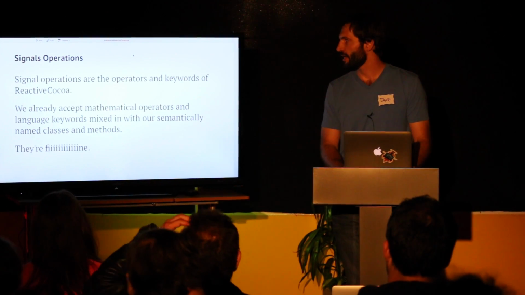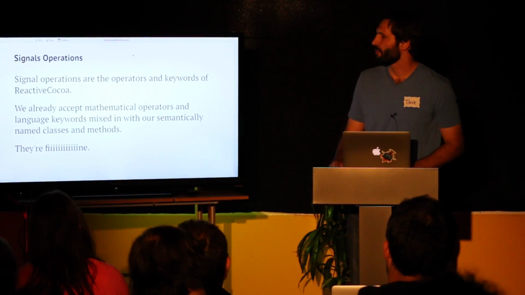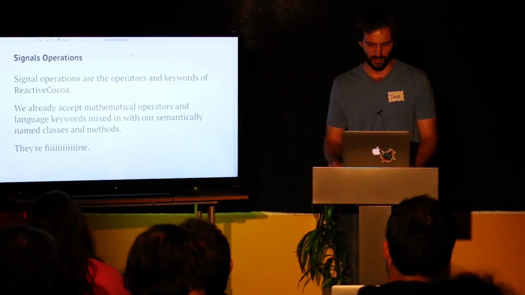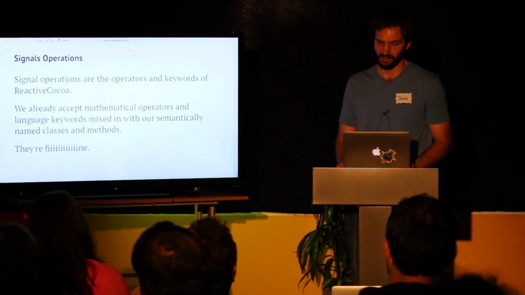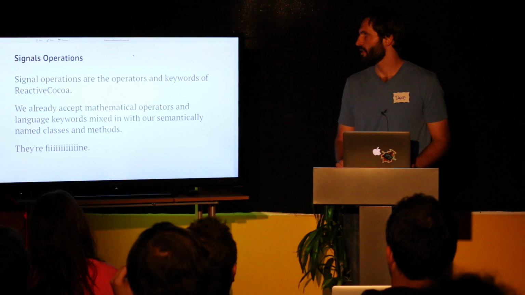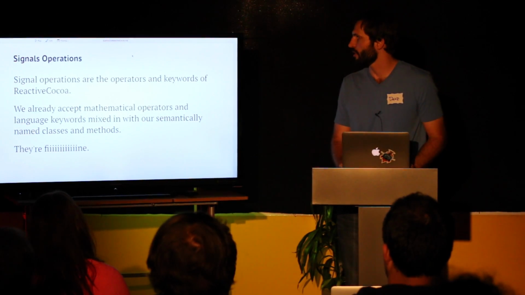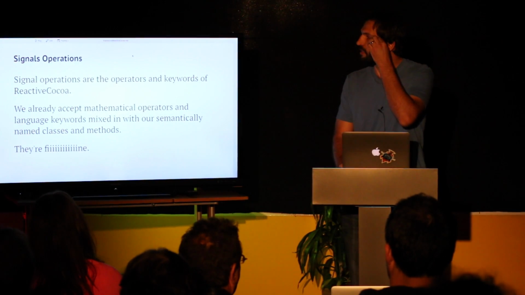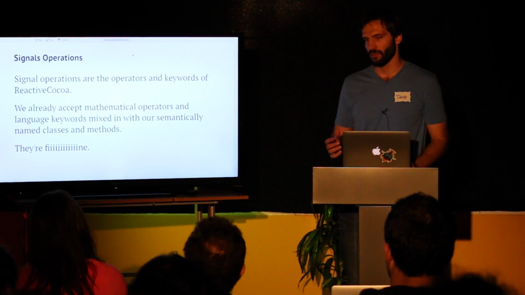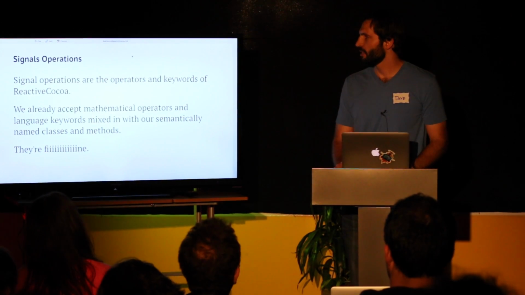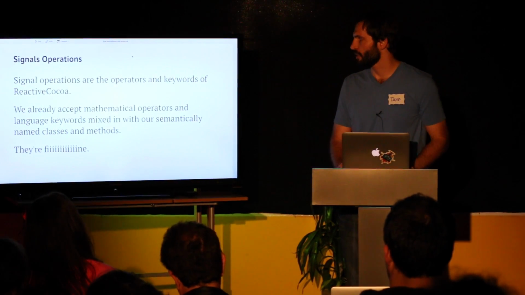One of the things that happens with Reactive Cocoa is there's a lot of terminology, and it can be daunting at first, but Git has the same problem, and object-oriented programming has a bunch of its own terminology. I like to think of these signal operations as the keywords. If you're learning a new language, there's a bunch of keywords and operators that you have to use.